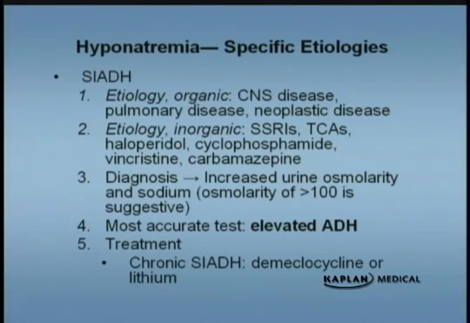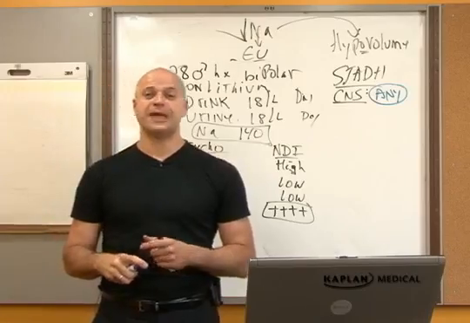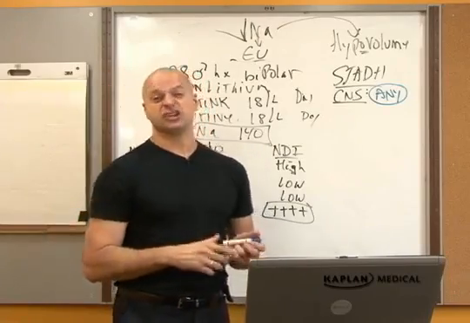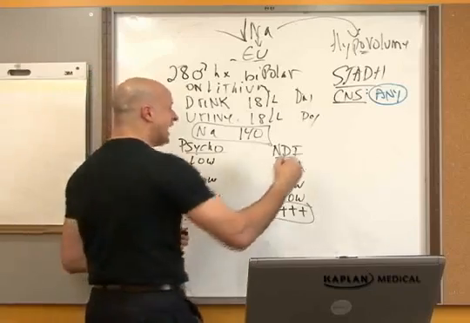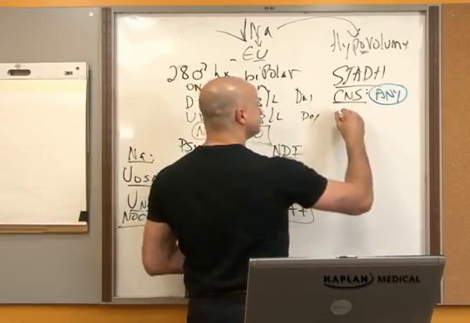A stroke, a tumor, a trauma, a meningitis, an encephalitis, a brain abscess. Anything in the brain, from a stroke to tumor to trauma, can cause CNS abnormalities.